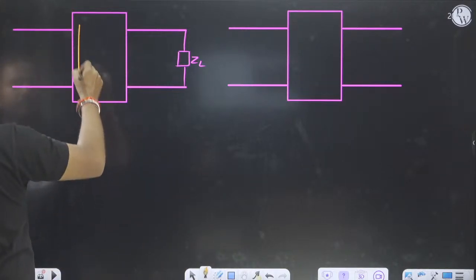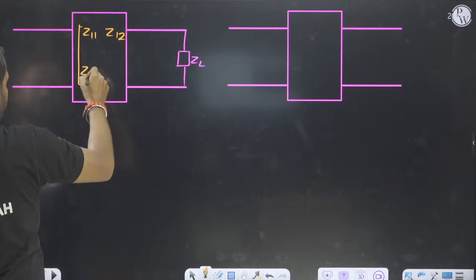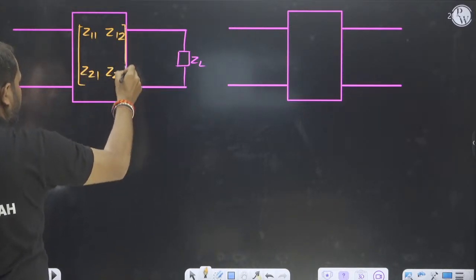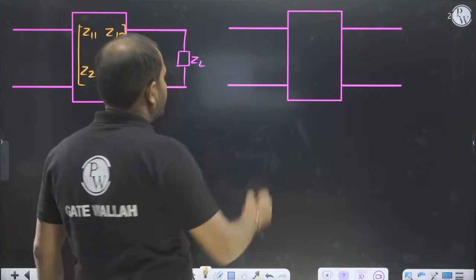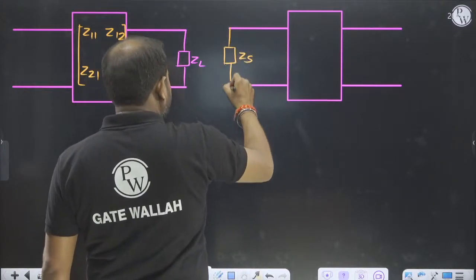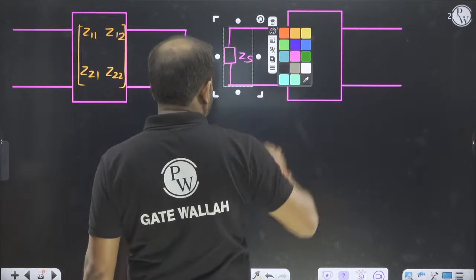This is the Z parameter. This is ZS. This is also a Z parameter.